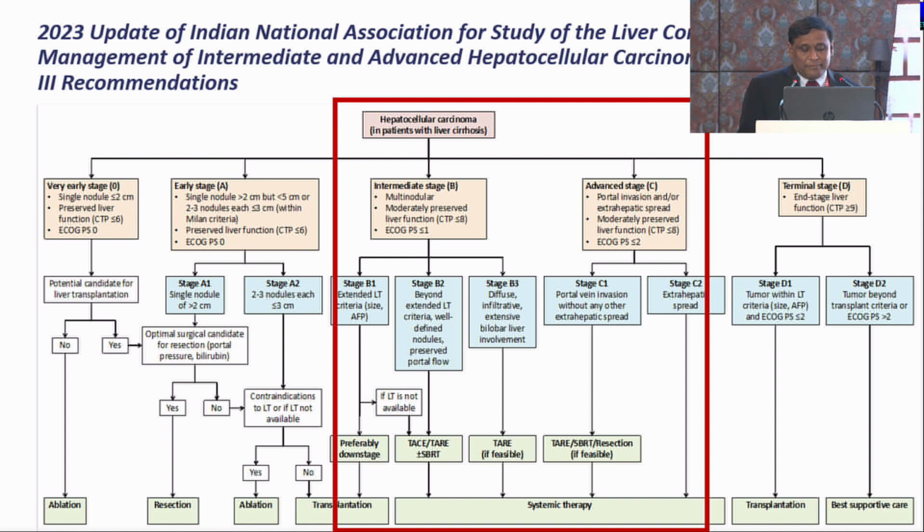And similarly, you look for other modalities for far advanced. There is a difference between subgroup 3 and 2. So 3 is more extensive, more diffuse infiltration. But none of these shows any vascular invasion or extrahepatic spread, which moves them to the more advanced stage C.